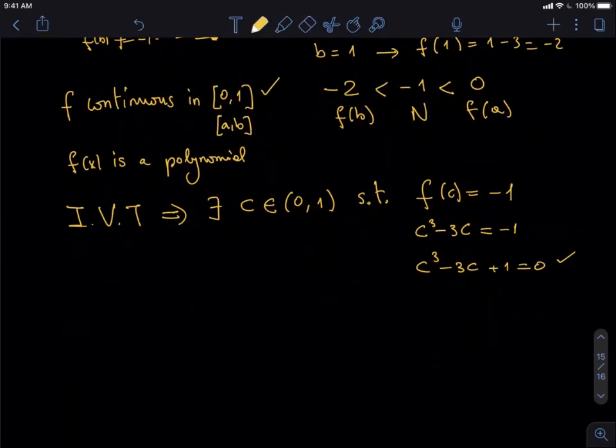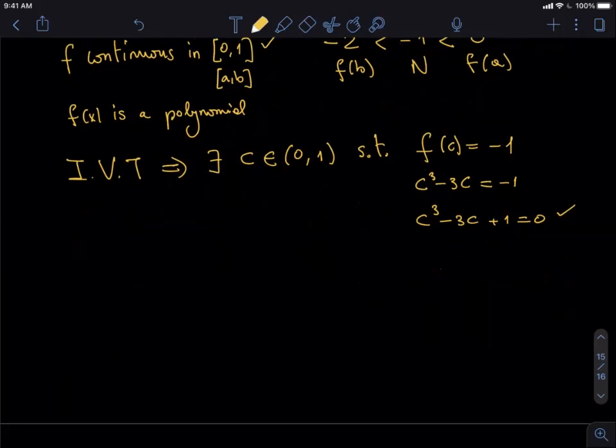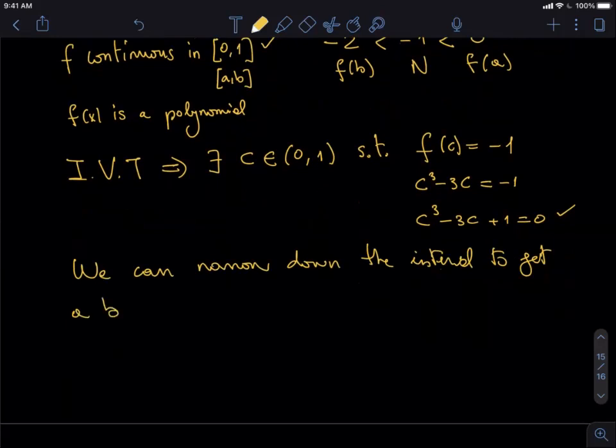But you may wonder, can you give me the value? What we can do is approximate that value to as good an approximation as we want. How do we do that? We can narrow down the interval to get a better approximation.